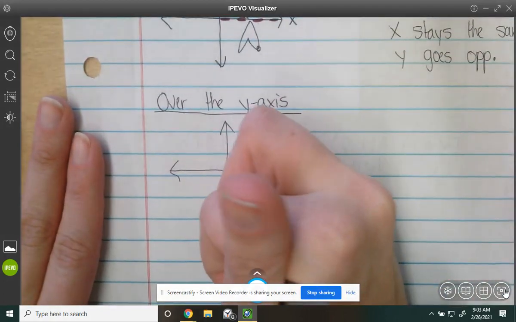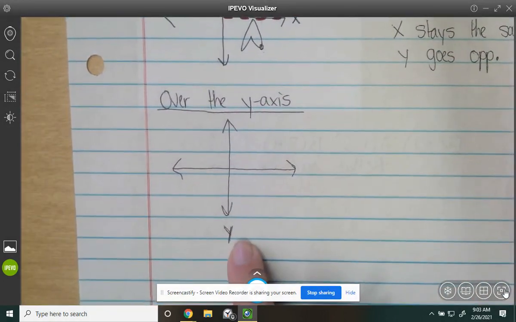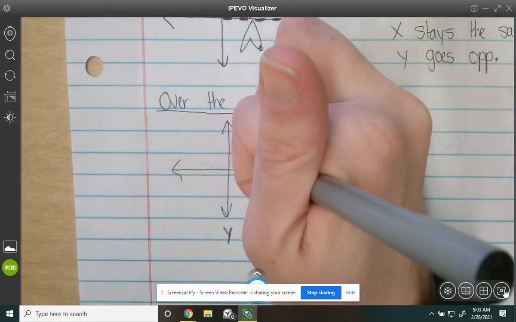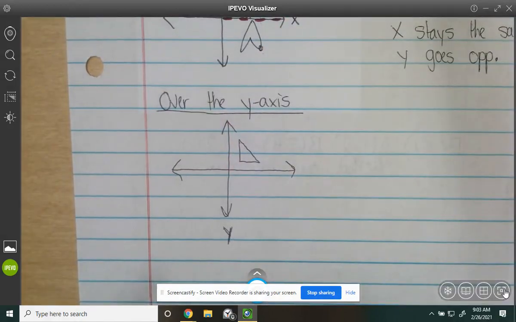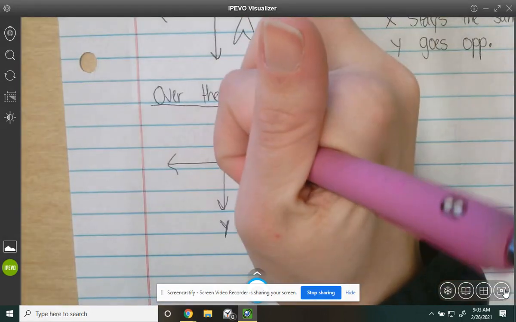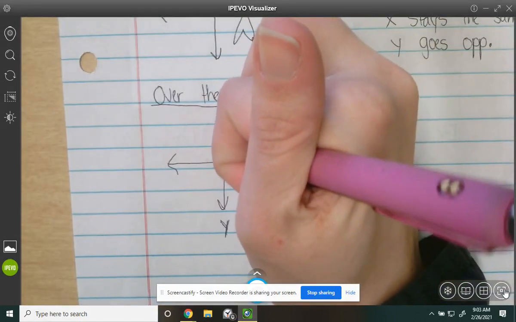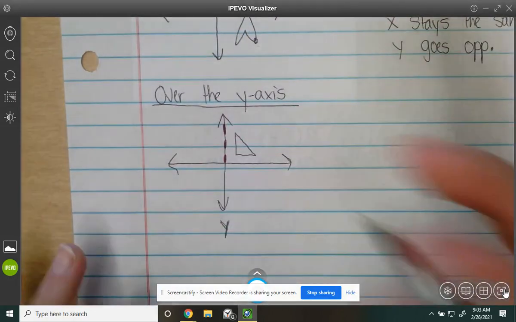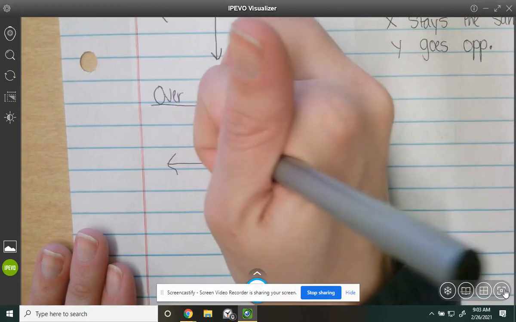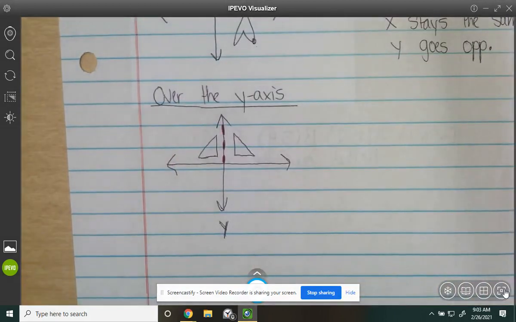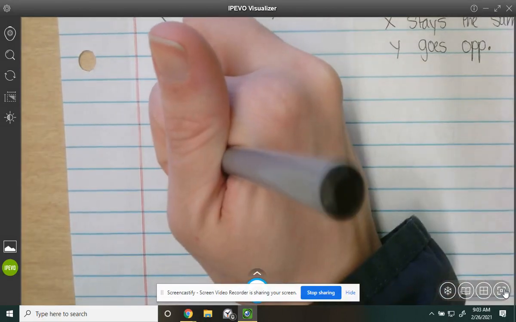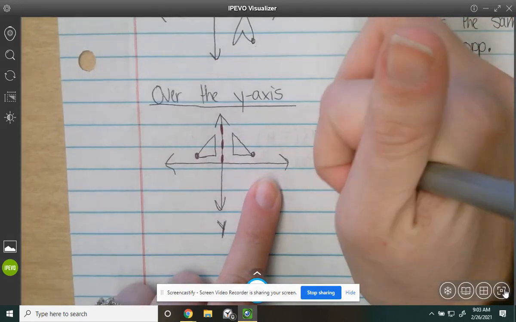So this time, this is my y. Let's draw a right triangle here. If I'm going to reflect it over the y-axis, I'm reflecting it over that line. Okay, it flips, so now it's facing that direction. So let's talk about this point right here. My rule.